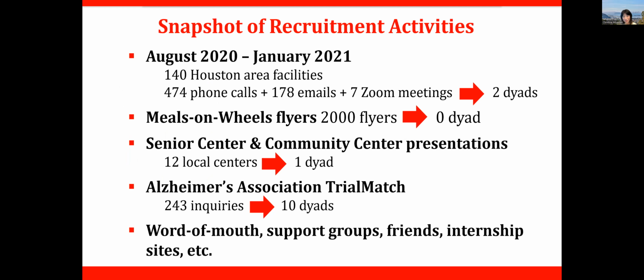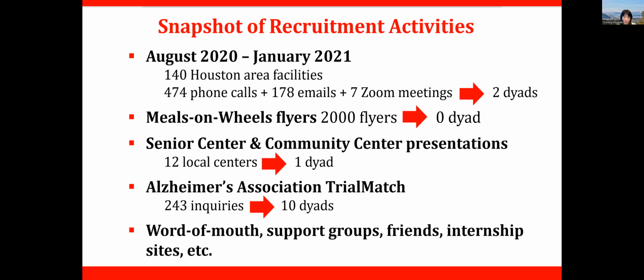Next one. So this is the snapshot of recruitment activity. This study started in August 2020, and this is up to January 2021. This is in the middle of COVID. So we contacted 140 Houston area long-term care facilities by 474 phone calls, 178 emails, and 7 Zoom meetings, but we got only 2 dyads.